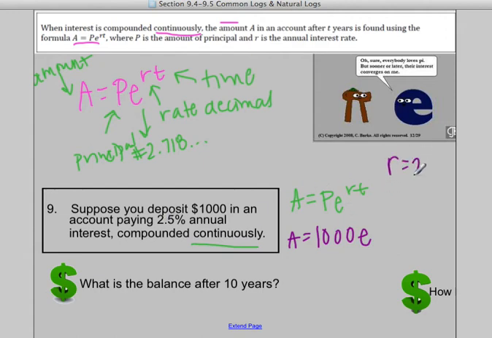My rate is 2.5%. I write that as a decimal, moving it over 2, so it's 0.025, and then to the t. For finding the balance after 10 years, I plug in 10 for t.